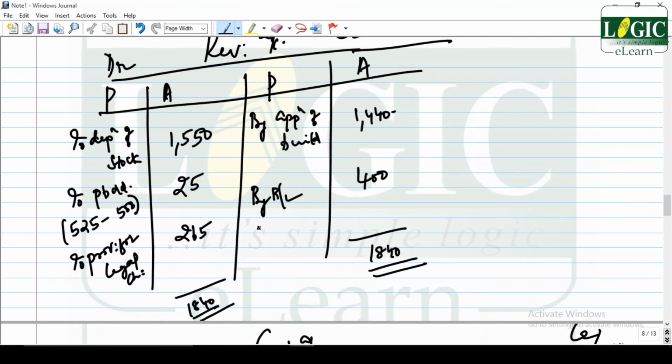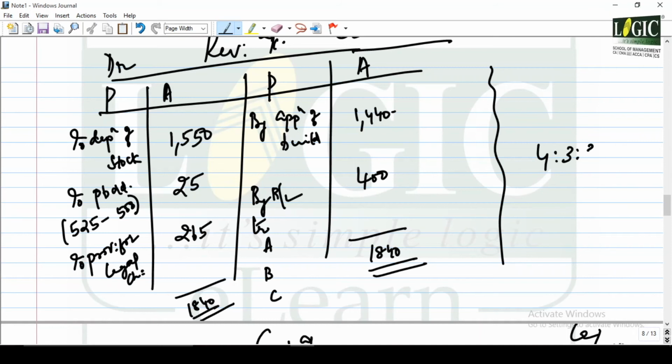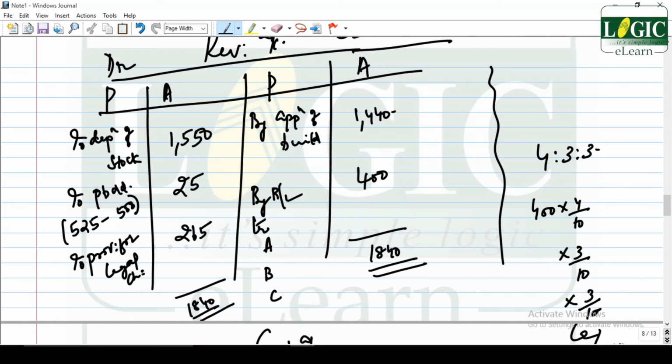Now this is to be transferred to A, B and C in the ratio 4:3:3. So 400 into 4/10 for the first person, 3/10 for the second person and 3/10 for the third person. So this turned out to be 160, 120 and 120.